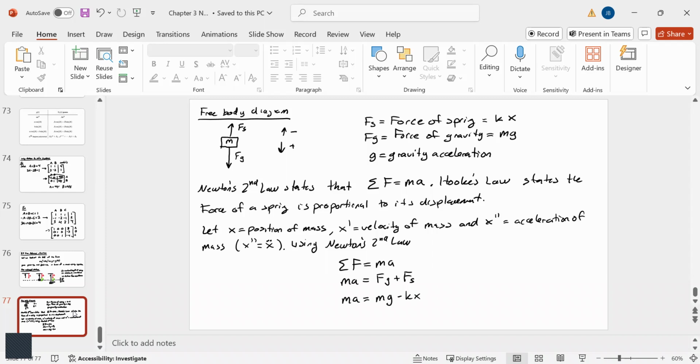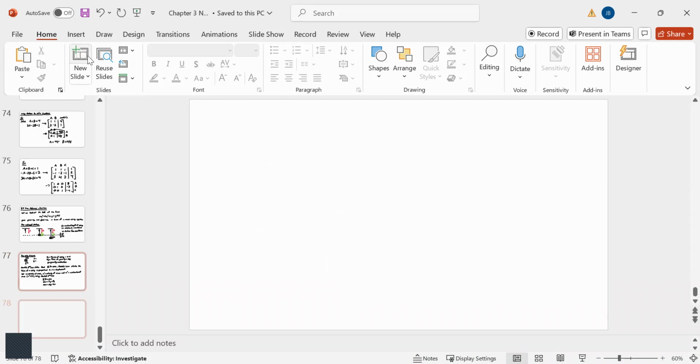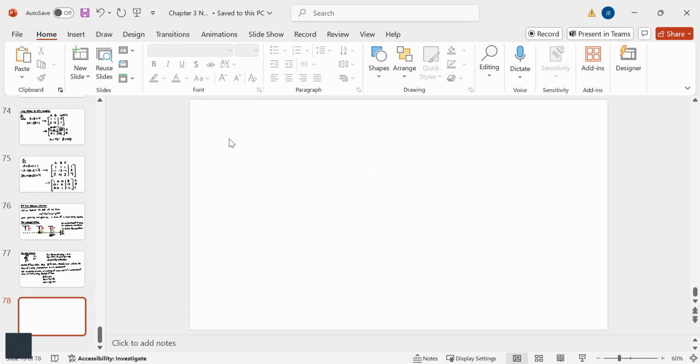not the direction itself. So this is our main equation here, and we're going to manipulate this so that we can get the equations of motion. So this is where we're going to have our starting point. Now, beyond this equation, we're going to go on to the next side. Let a, the acceleration, be equal to x double prime, right?